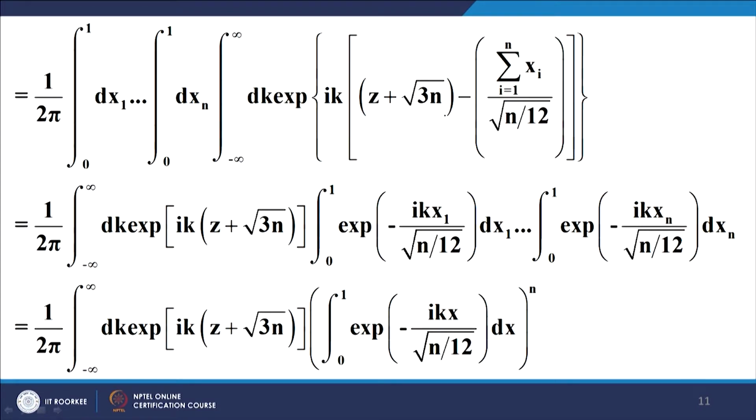So, n by 2 upon under root n by 12 gives me this under root 3 n, and this expression has come from here, and this expression as it is I have taken.